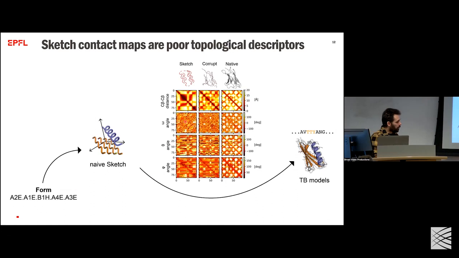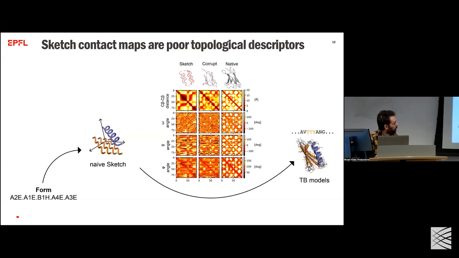Going back to this concept of sketches, we started looking at the sketches more as descriptions of features in terms of geometry. There was something very interesting, and I've already mentioned that these naive sketches are not real proteins. When you start looking at these contact maps, you see why they're not real proteins. You have a real protein, and you derive the contact map in this first row.